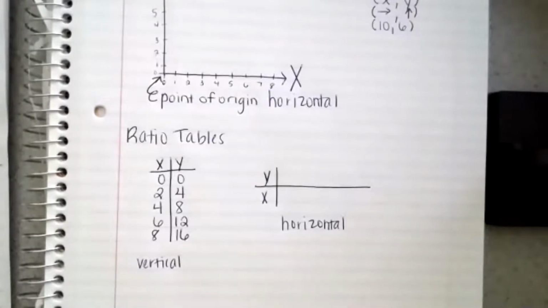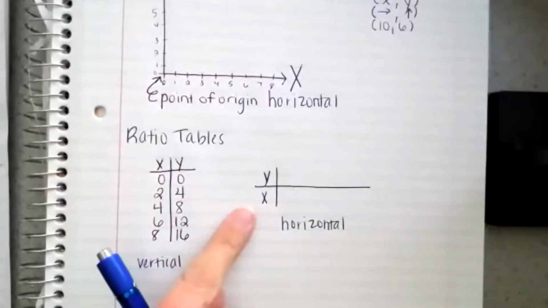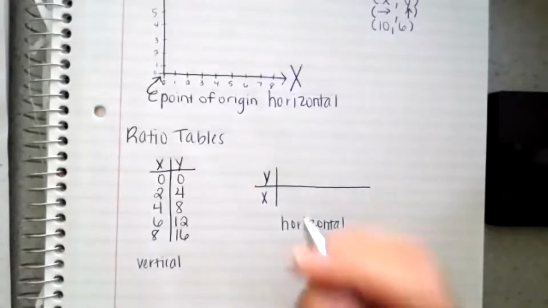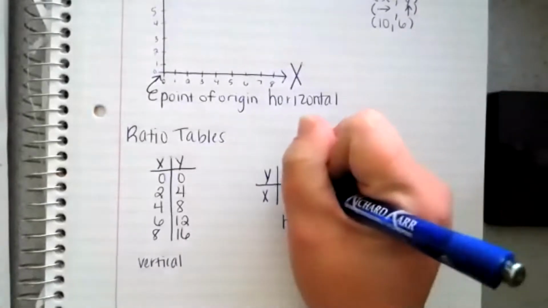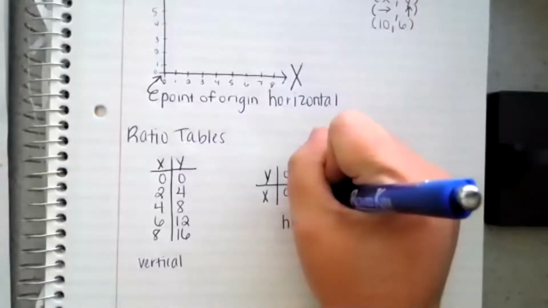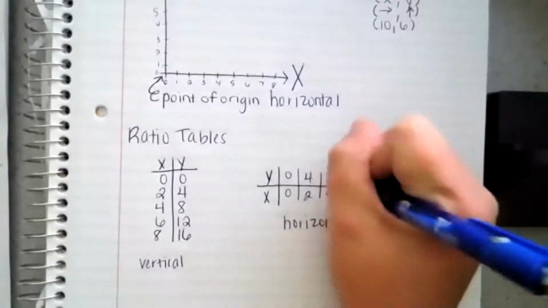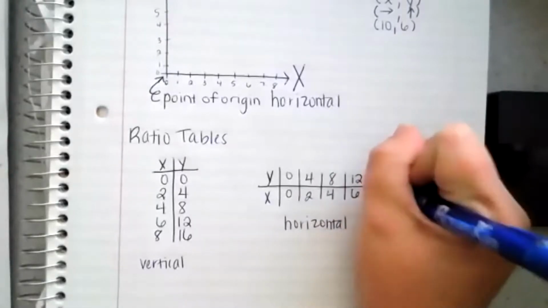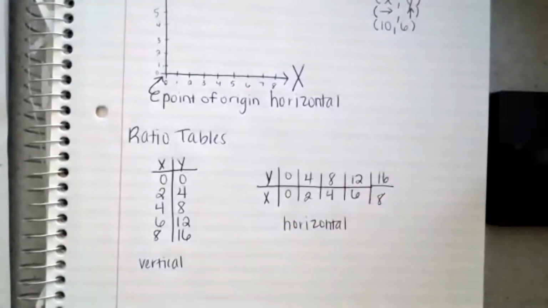Sometimes they might be switched, but they'll be labeled if they're switched. But the majority of the time, probably 95% of the time, it's Y on top, X on bottom. And so you could put the same ordered pairs in. Just like that.